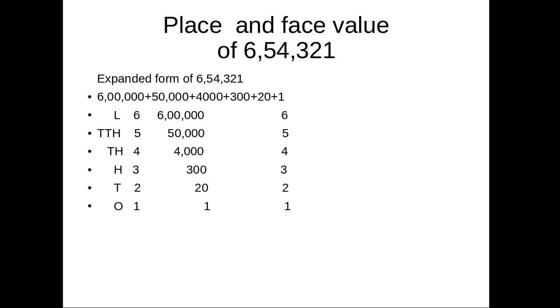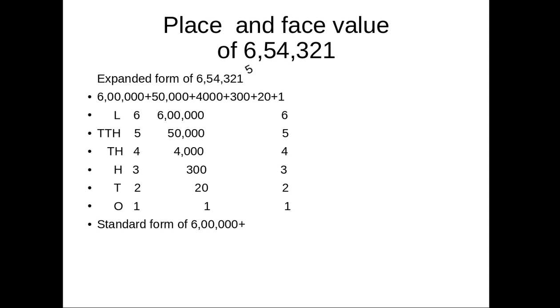Since face value is the digit itself, 6's face value is 6, 5's face value is 5, 4's face value is 4, 3's face value is 3, 2's face value is 2, and 1's face value is 1. Now see next. In standard form, if we combine and add them, we get the standard form of the number.